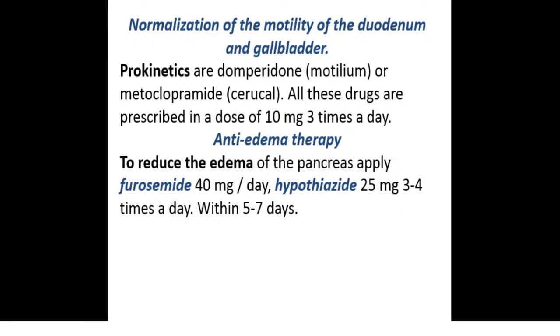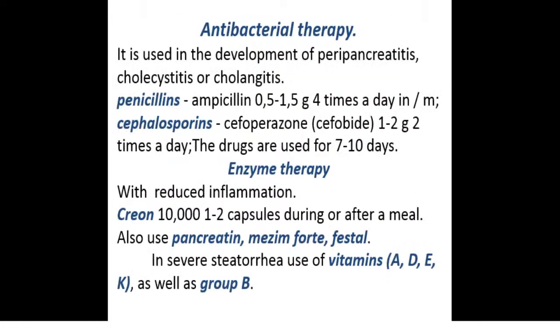Normalization of motility of the duodenum and gallbladder: prokinetics, and anti-edema therapy if the patient has edema of the pancreas. In this situation we must use diuretics, furosemide, hypothiazide in this patient.